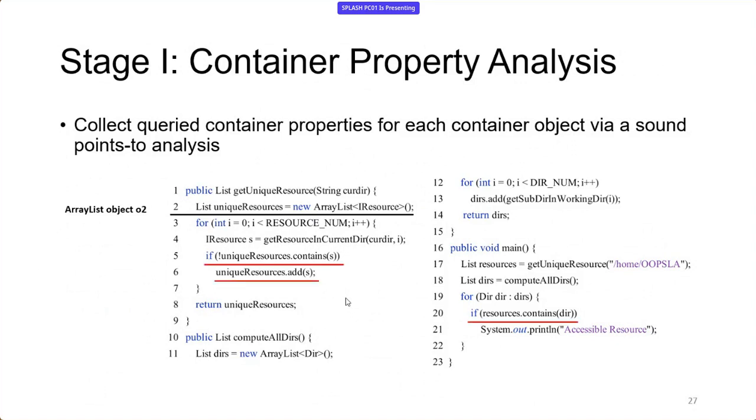These are the corresponding three container method calls. Then, based on the semantic specification, we obtain that value ownership is queried for these container objects. Similarly, we get the queried container properties for object O11, that is the size, value ownership, and the index-value correlation. So after the first stage, we get the set of container properties queried upon each container object.